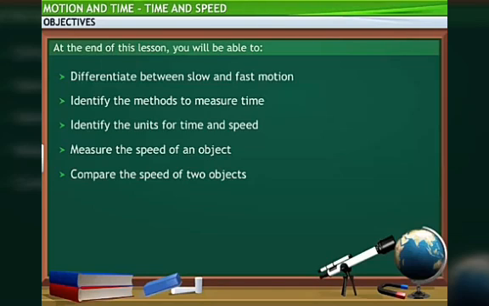At the end of this lesson, you will be able to differentiate between slow and fast motion, identify the methods to measure time, identify the units for time and speed, measure the speed of an object, and compare the speed of two objects.